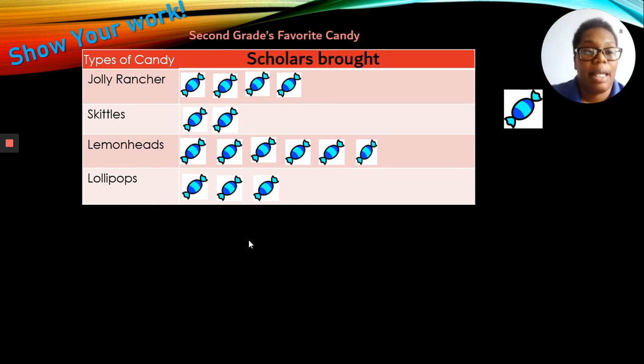So last time it was 1 piece of candy equaled 1 scholar. The next time we did it, 1 piece of candy equaled 5 scholars. This one piece of candy equals 10 scholars, okay? 1 piece of candy represents 10 scholars.